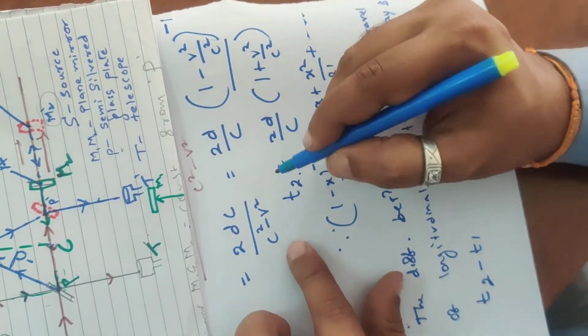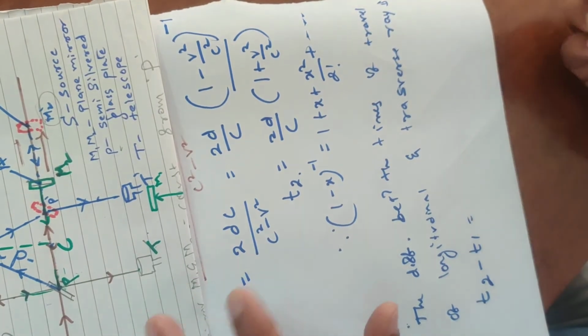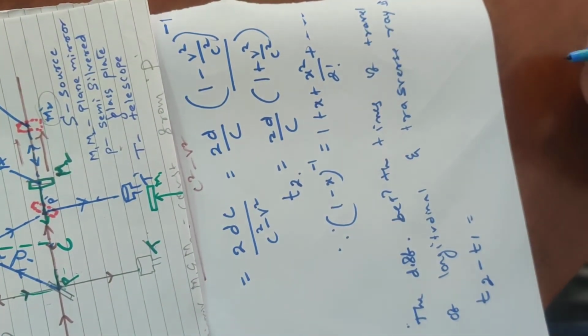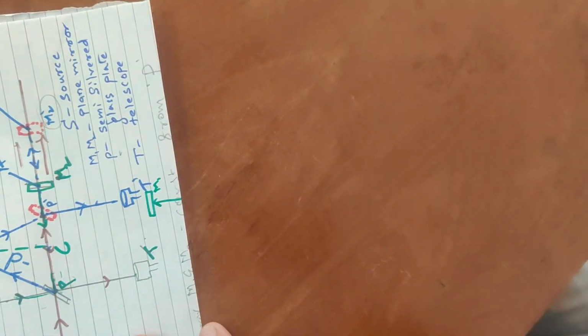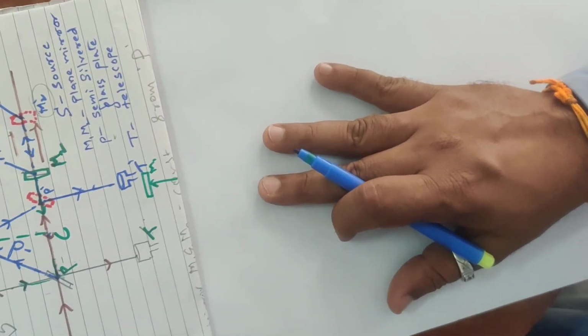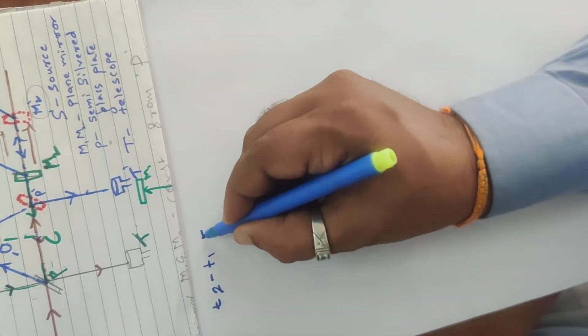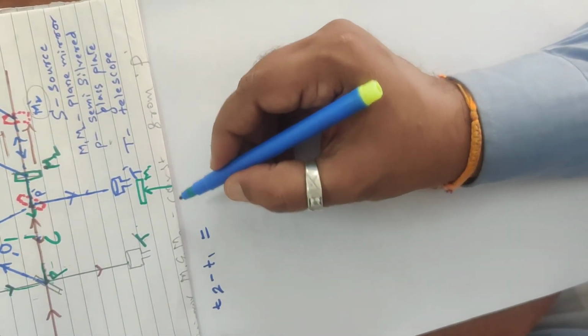If you differentiate this, T2 minus T1, we will get the difference between the times of travel. That is, to find T2 minus T1, which is nothing but T2 was what?